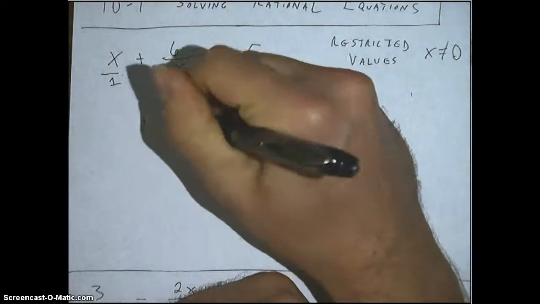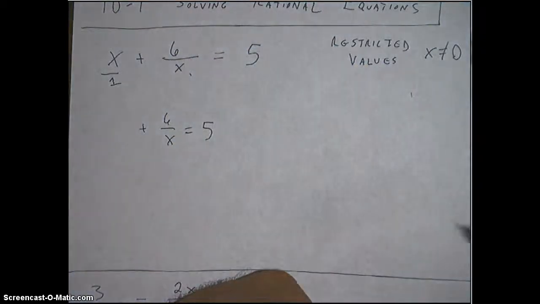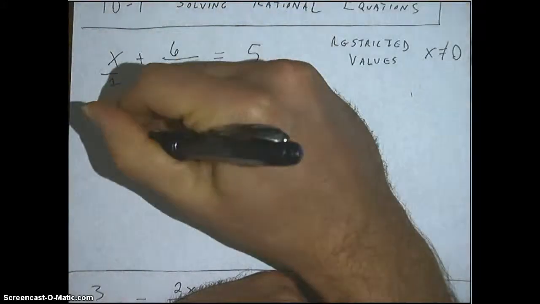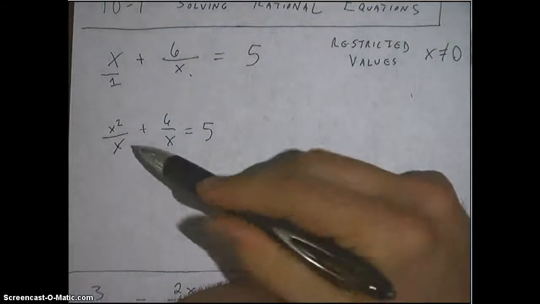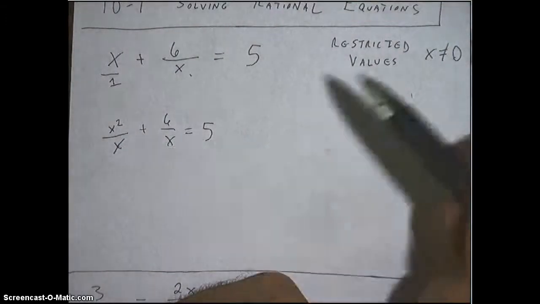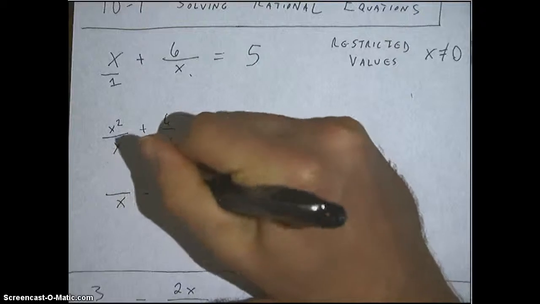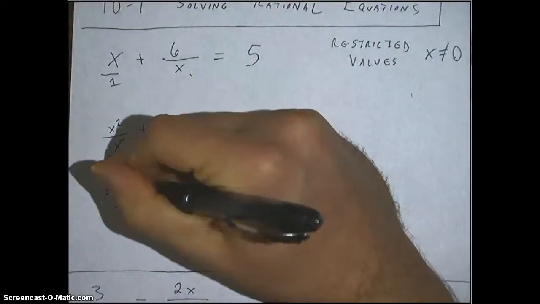So the second term is still the same, but now the first term, when I multiply the top and the bottom by x, is going to turn into x squared over x. Now in doing that, I've created a common denominator, so I'm going to put them over the same fraction, over x, but now the top is x squared plus 6.